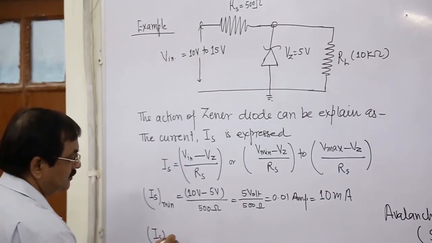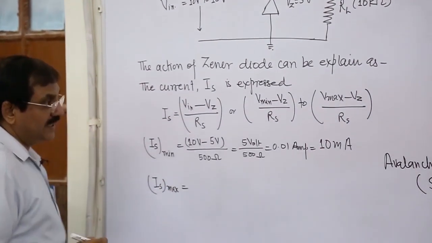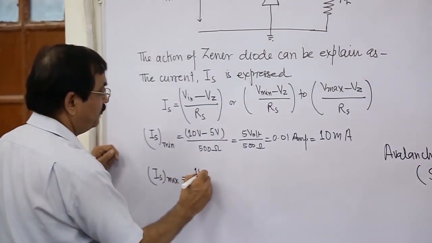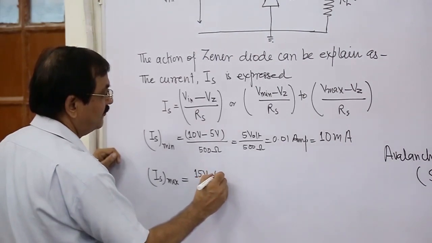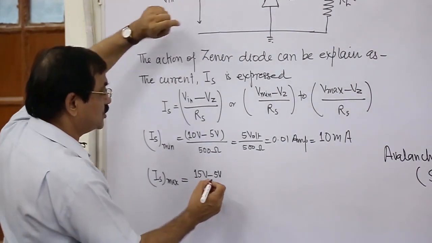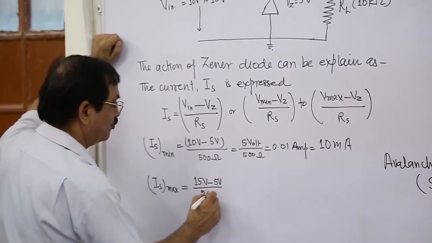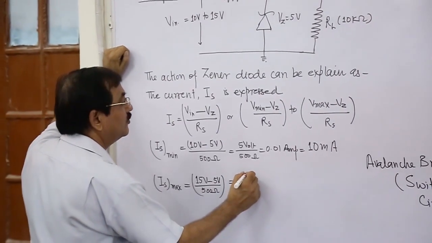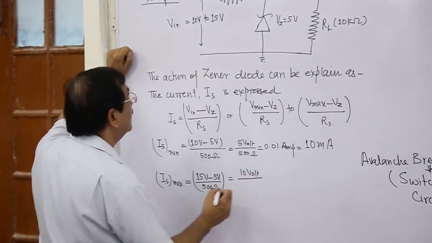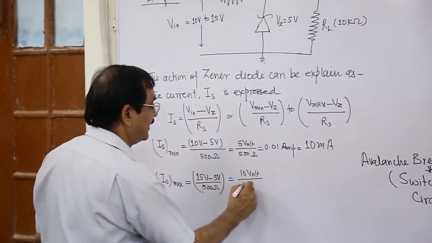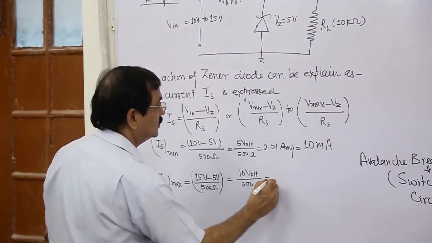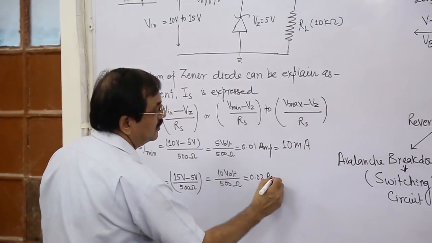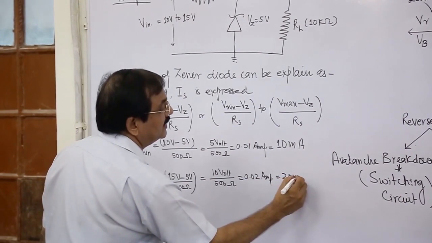IS max is equal to 15 volt minus 5 volt, this is 15 volt maximum, upon 500 ohm. So, this is 10 volt upon 500 ohm, which is 0.02 ampere, that is 20 milliampere.